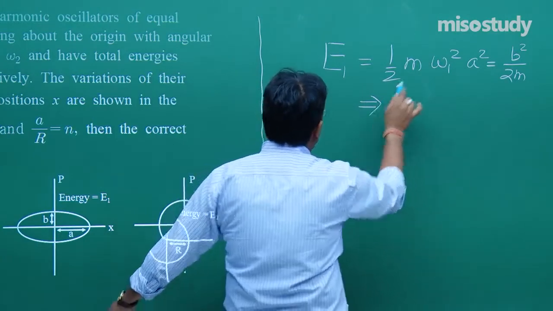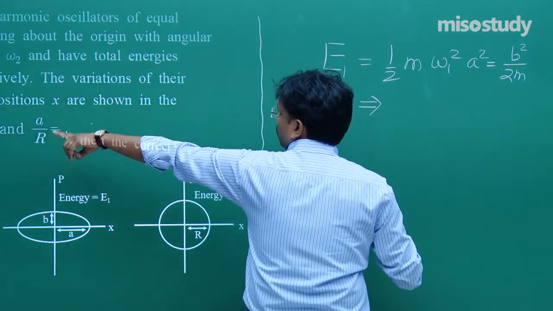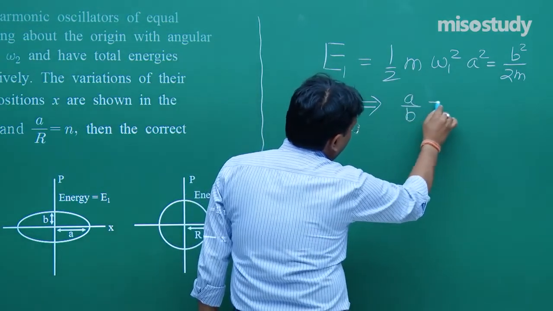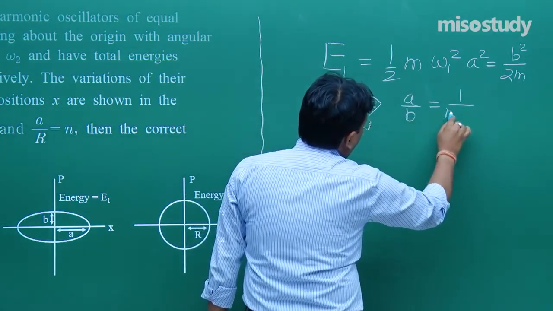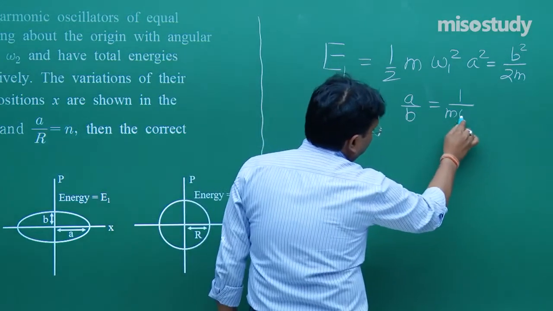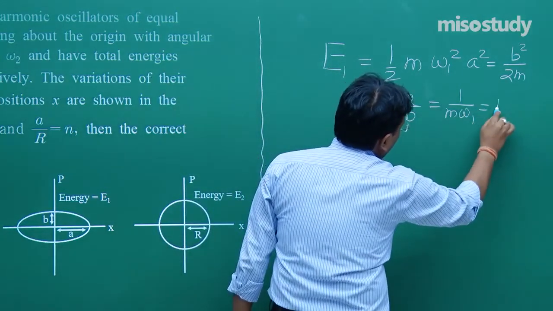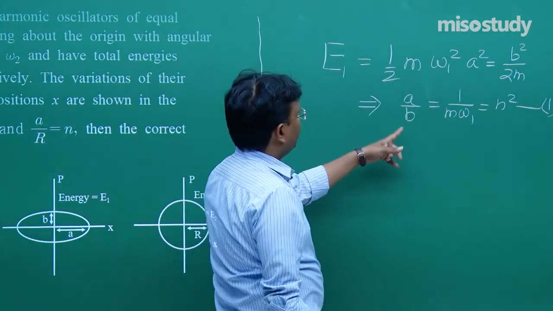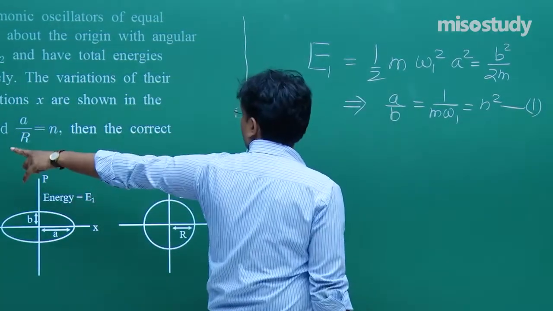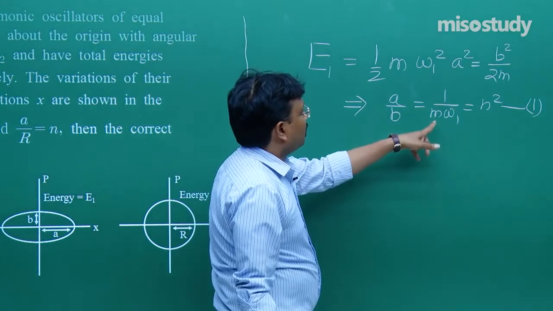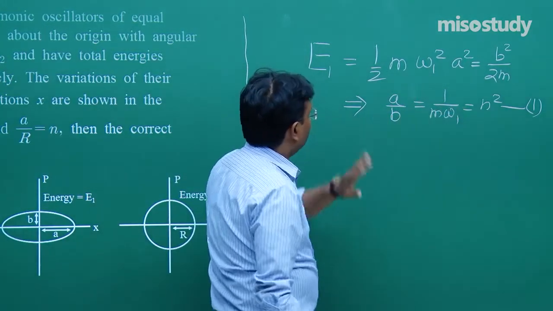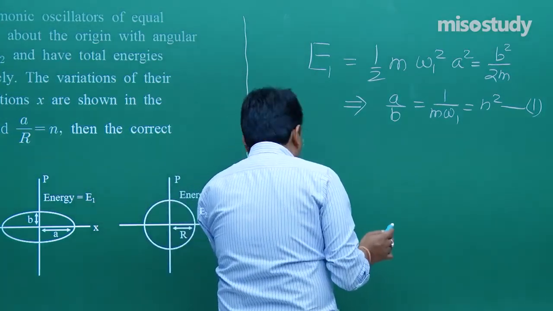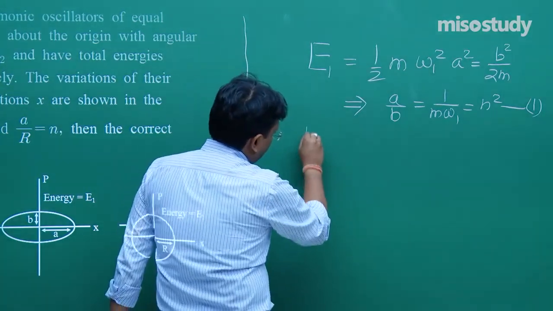One more thing, we should incorporate over here the given value a upon b is equal to n square. So a upon b is equal to 1 upon m omega 1 is equal to n square. Now say this entire thing is equation number 1. Similarly, I should use a blue chalk to write down the E2 equation.